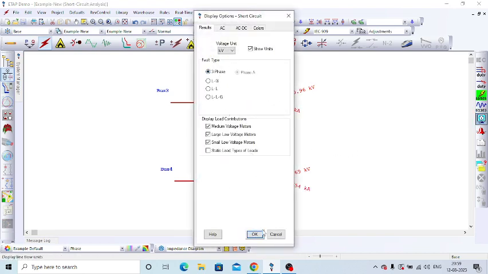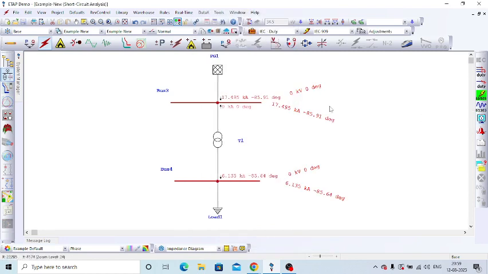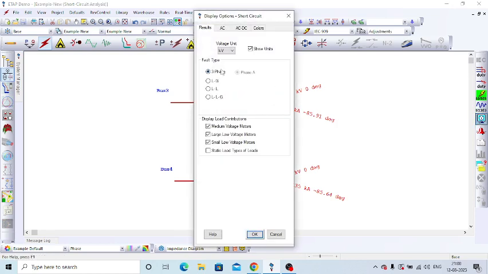Most of the places, we need to check all the types of faults for any selection of the circuit breaker. We need to check all the fault currents. But in most of the cases, the three-phase fault current is normally higher than all other types of fault current.